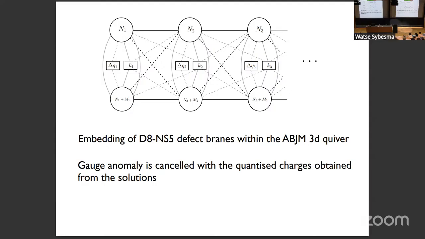Of course, here one has to be careful how you define this globally, and what we did was to complete the space with two massless regions at the beginning and at the end. One can check gauge anomaly cancellation and all that, and this works perfectly well for these solutions.